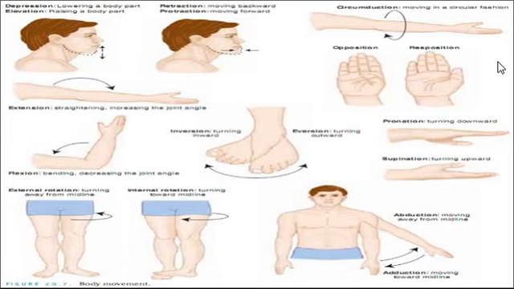Let's see, pronation, supination, turning. Pronation is turning downward. Supination is turning upward. I had somebody say once, with supination, think of making your hand into a bowl of soup. So supination is up, pronation is down. Inversion is turning the toes inward, and eversion is turning them outward.